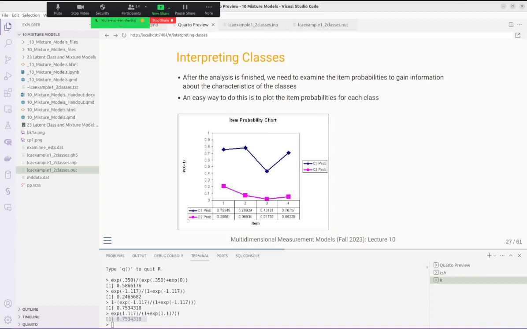Depends on your definition of mastery. But I feel like this also shows us that there's less probability for that problem, item 3. Yeah, item 3 is probably one of the harder items to answer. Correct. So that's something else you can get out of it. That's right.